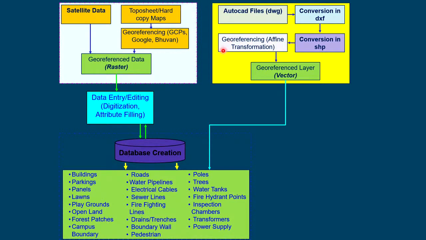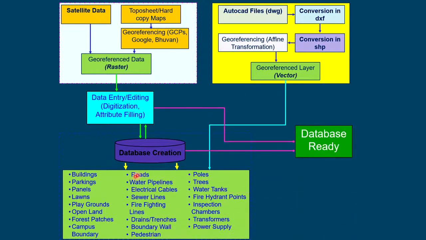Okay, so this is another slide which gives some instructions: if you have different types of input data sets, how to generate a GIS database. Once it is ready, each and every layer, in GIS we call it a layer, is having a data set.